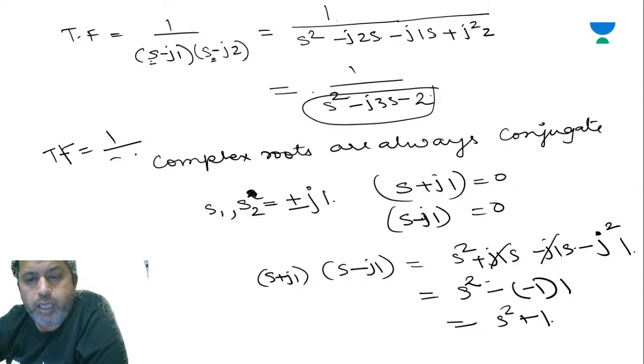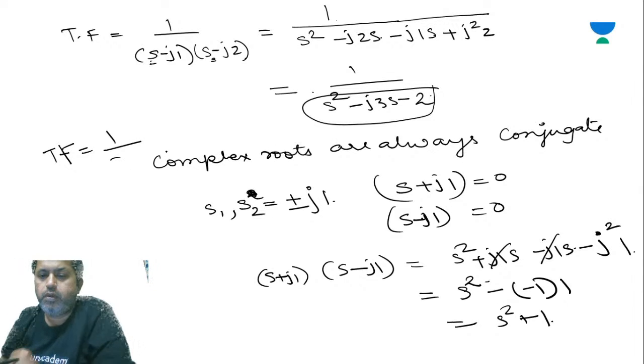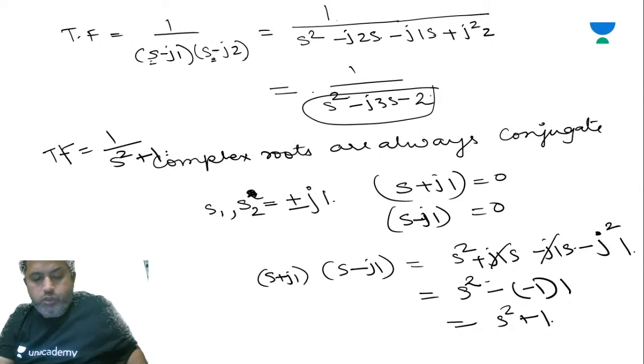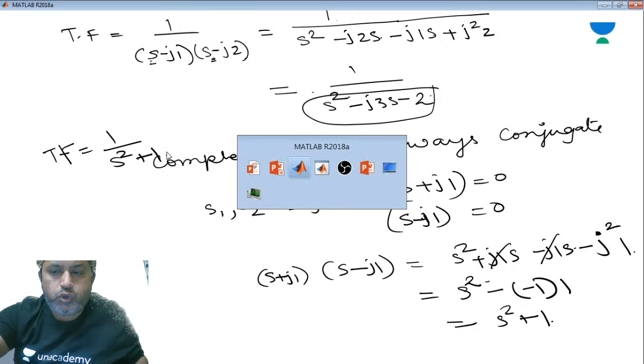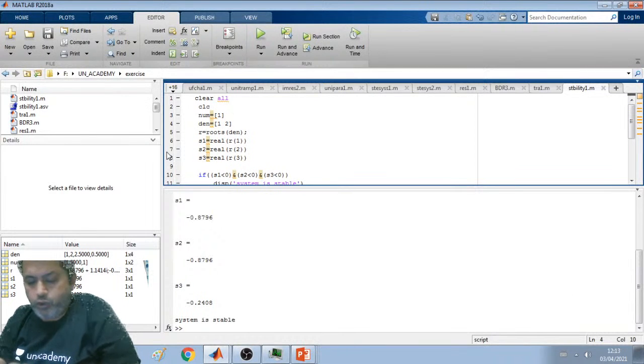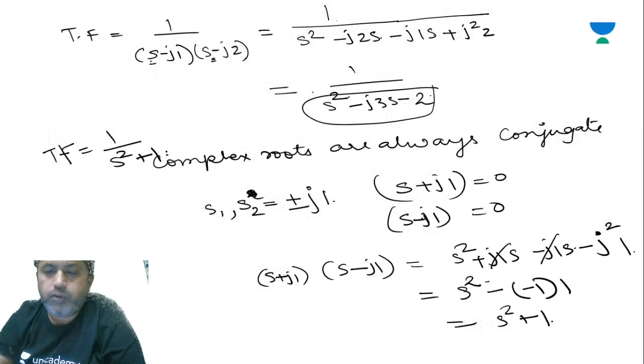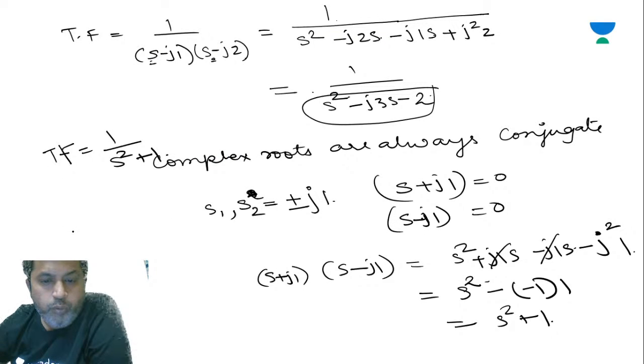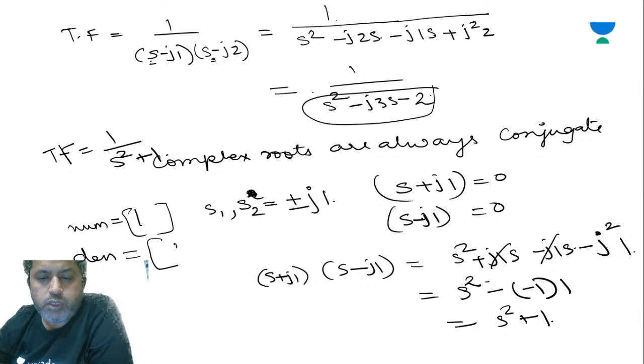So my transfer function will become 1 upon s square plus 1. The numerator is equal to 1, and the denominator is s square term is 1, s term is 0, constant term is 1.